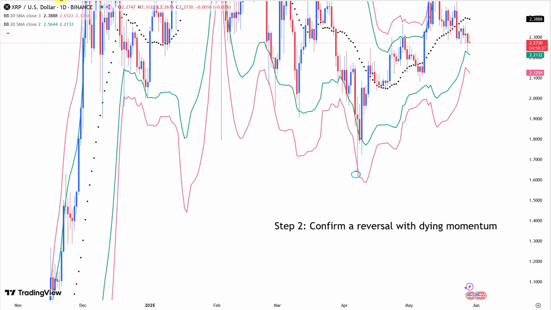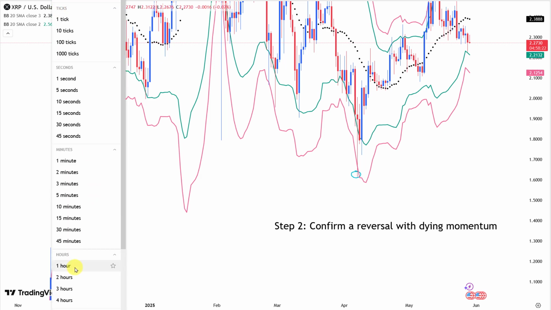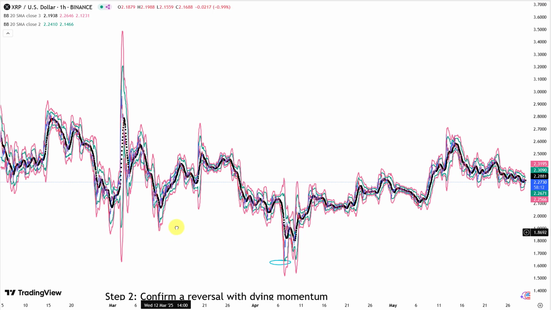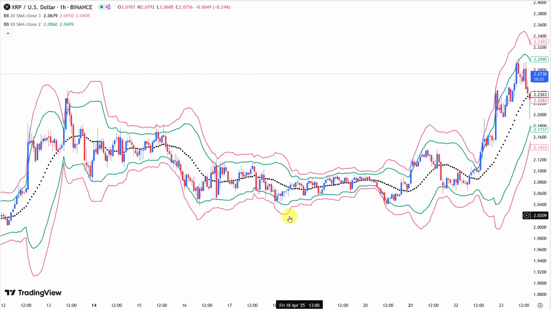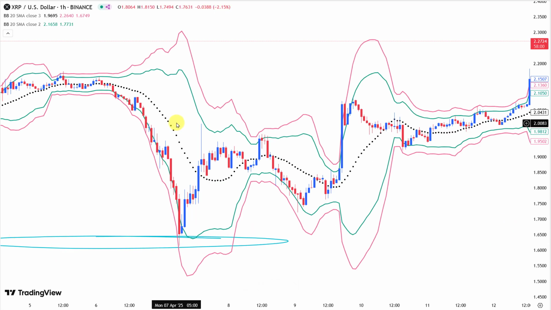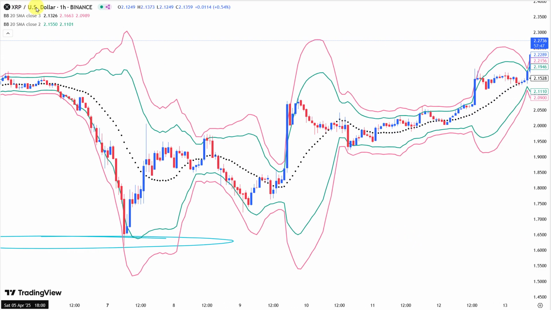If I switch over to a 1-hour chart and go back to this area, you can see that these bands, 2 standard deviations and 3, were pointing down strongly. This is downward momentum. Again, this is on a 1-hour chart.